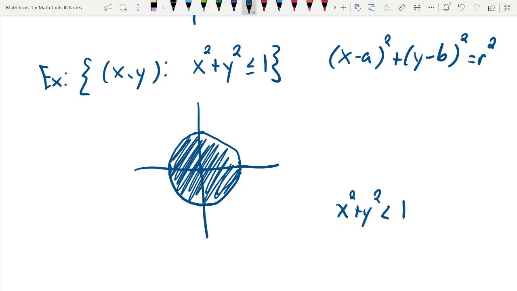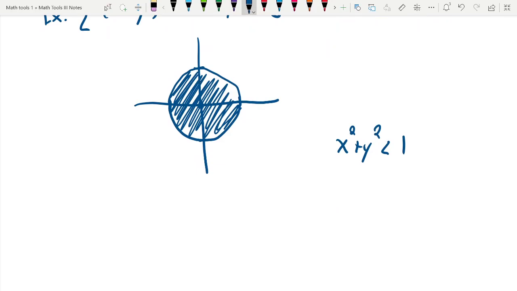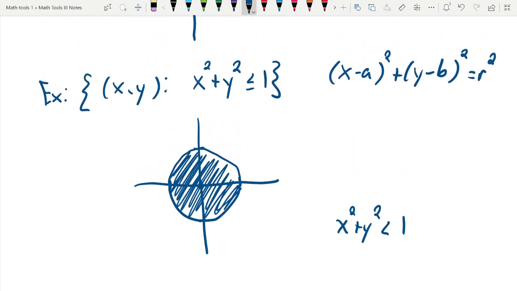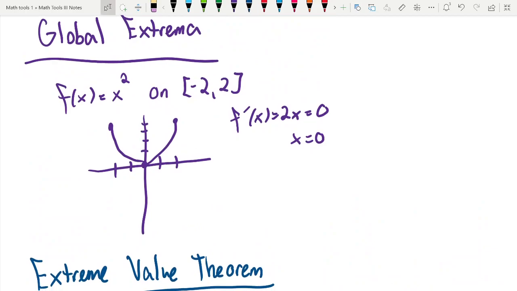So these are all things we need to consider when we're approaching the extreme values, the global maxes and mins, and deciding whether or not they're even going to exist in the first place. Now, it doesn't need to be closed and bounded in order for you to have global maxes or mins. For example, if you just consider the entire function x squared, not on a closed set like we did here, it does have a global minimum.